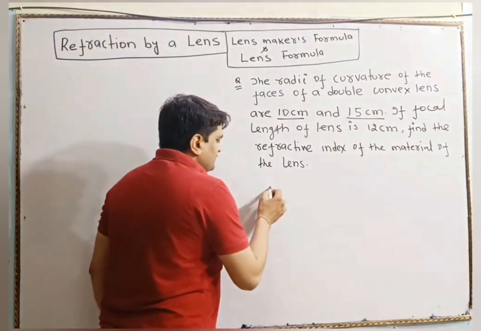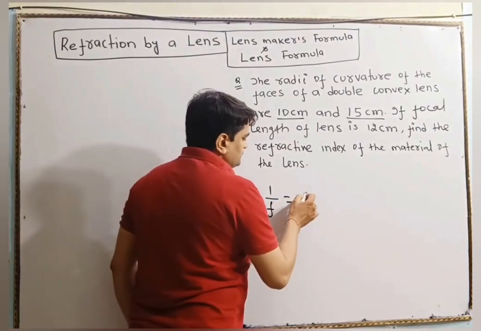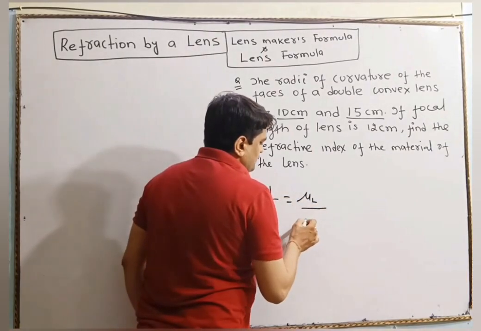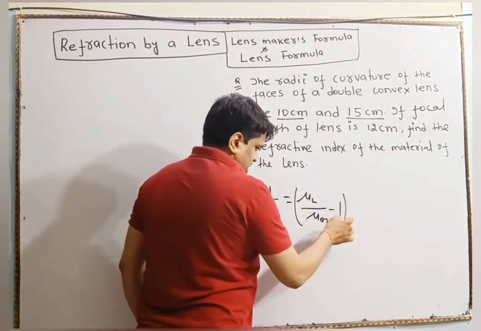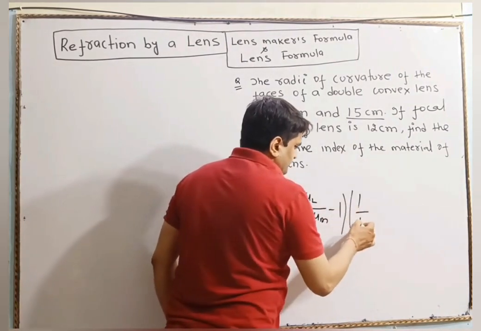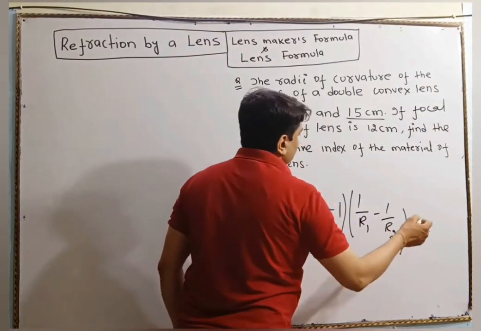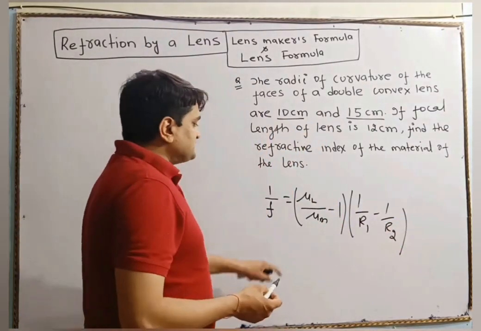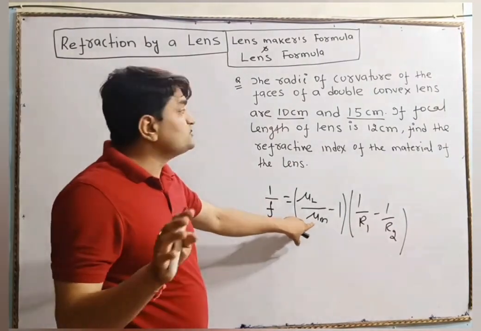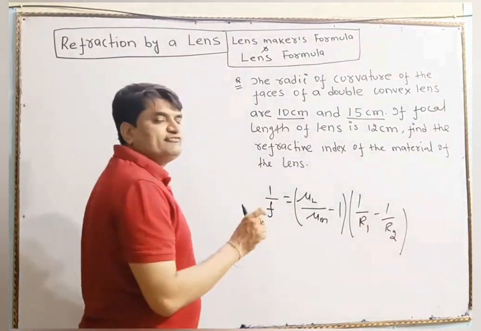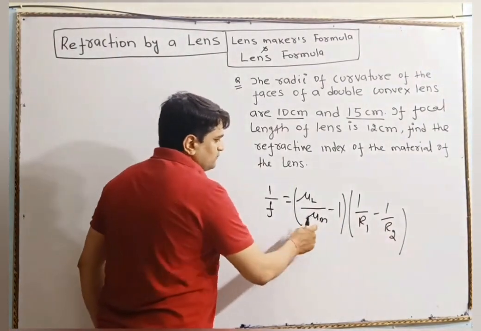We know the formula 1 upon f equal to (mu L upon mu m minus 1) into (1 upon R1 minus 1 upon R2). Here the refractive index of the medium is not mentioned, so by default we take it as air and mu m will be 1.